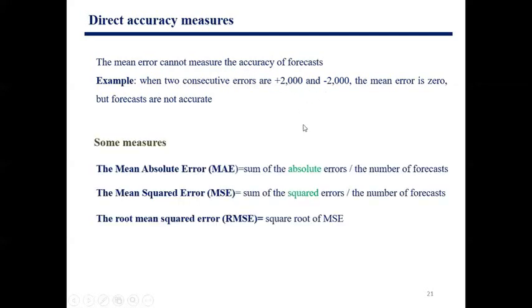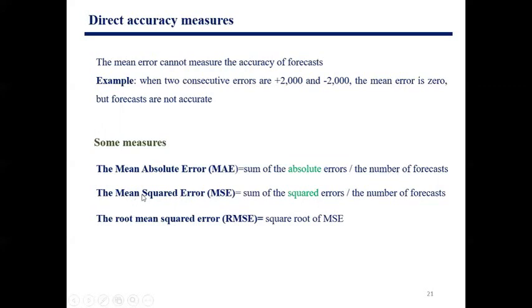So we need another kind of measure. We need to handle the sign of the error, because the sign of the error is causing problems here to measure the accuracy. So what people use to handle the sign of the error is the absolute value of the error, and we have this measure, the mean absolute error, which is just the sum of absolute errors divided by the number of forecasts.